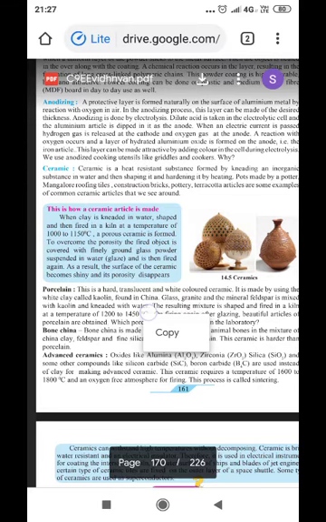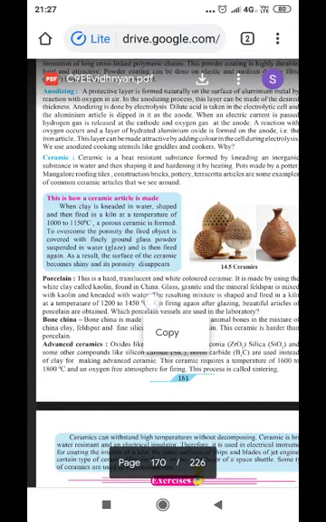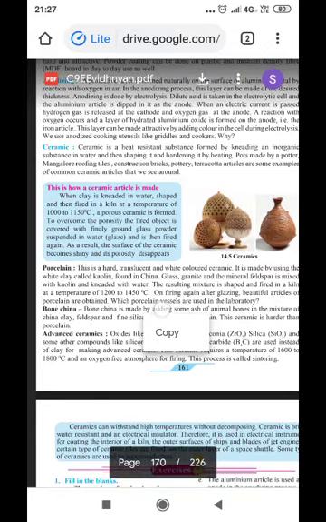We use anodized cooking utensils like griddles and cookers. Why? To increase the lifespan and durability. Now, ceramic.